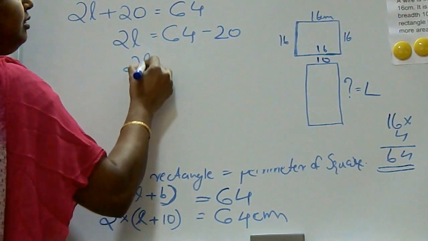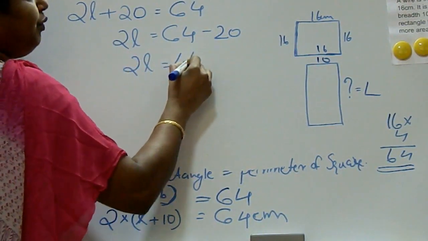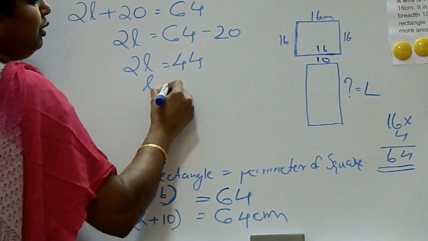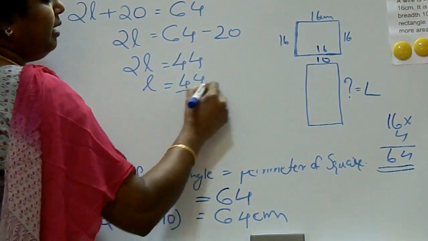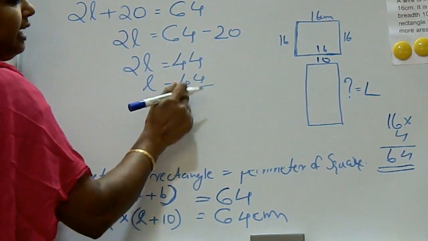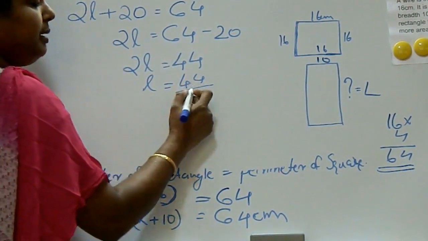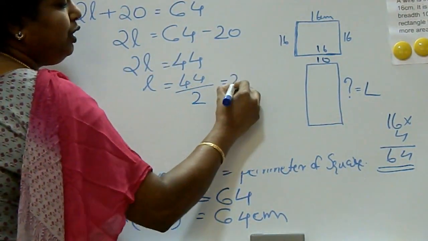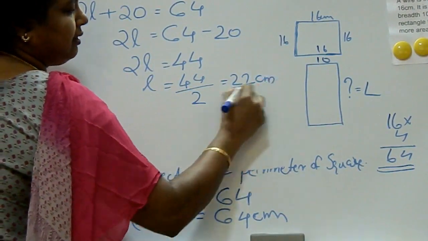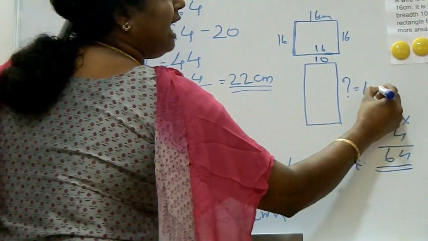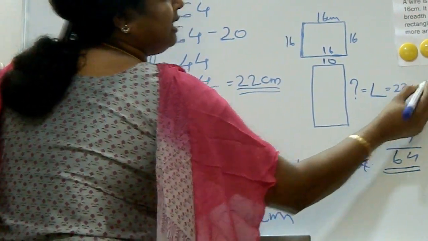That's 2L is equal to 44. Then L is equal to 44 divided by 2, since the 2 is multiplication and goes to the opposite side as division. Like that, 22 centimeter will be the length. Then we got L is equal to 22 centimeter.